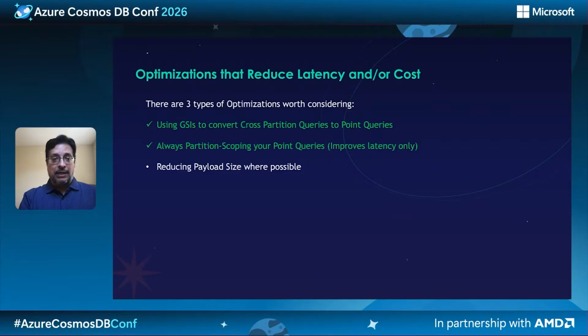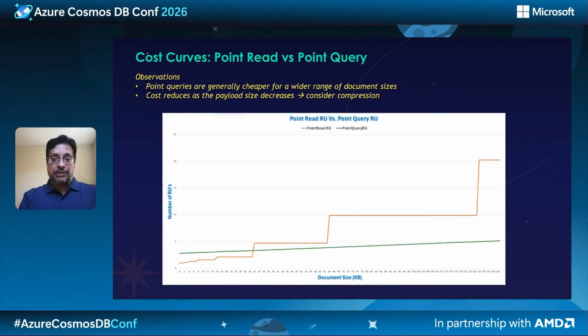Last but not least, let's talk about payload size reductions. What I'm showing here is how RU costs vary as a function of the payload size and also based on the type of operation you're doing. As you see, as I go to larger and larger documents in the payload, the cost in terms of RUs increases, but they increase more dramatically for point reads.